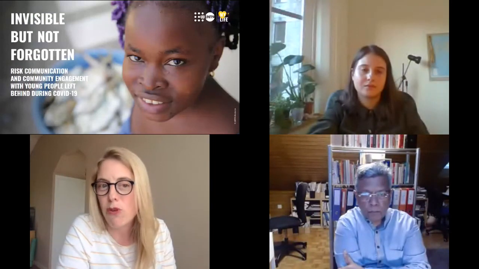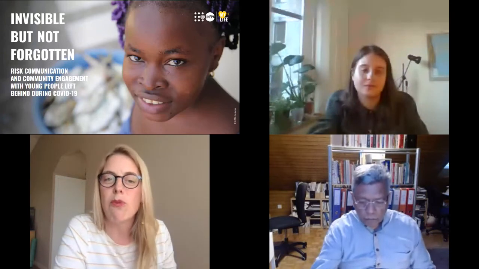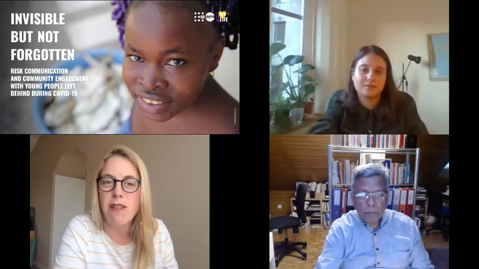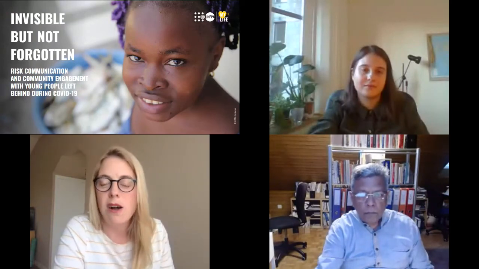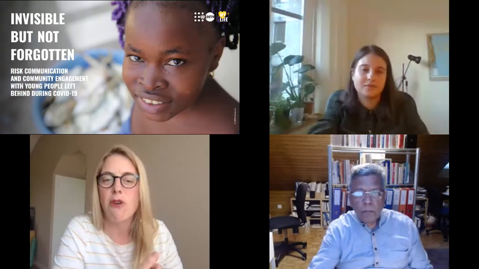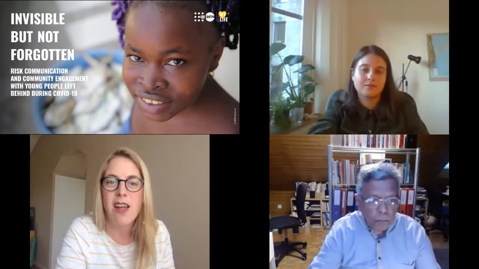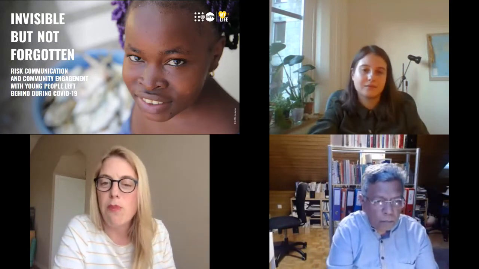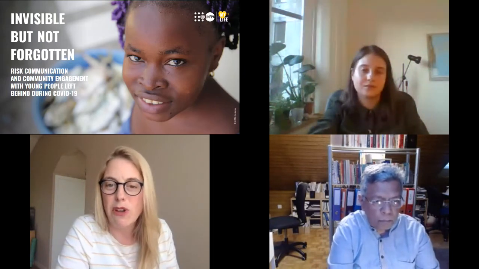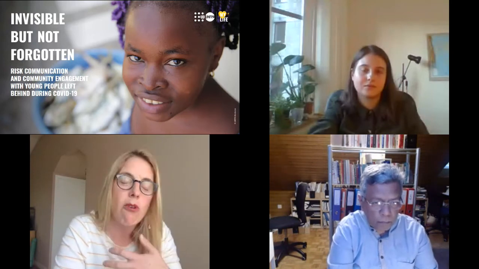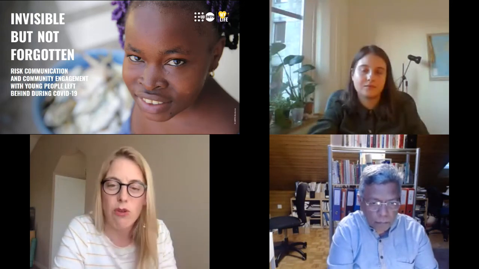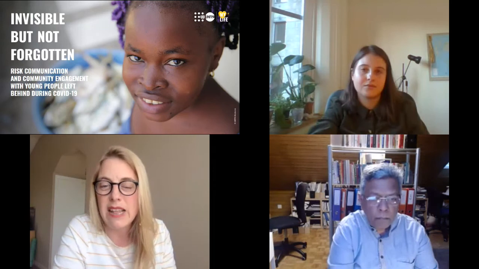And this is a toolbox which you can use if you'd like to do some work with your peers at the community level, with a specific focus on those left behind, so those who do not have direct access to WhatsApp, cell phones, smartphones, computers, Wi-Fi, but really also exploring ways of mobilizing communities at the grassroots level, which is of course very, very difficult during COVID-19 with social mobility restrictions in place. But this is really a toolbox which has a lot of different approaches and ideas on how to do this.